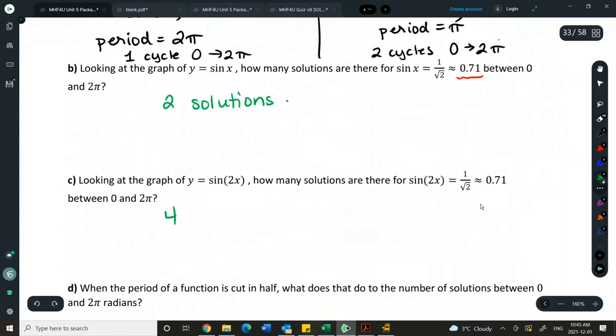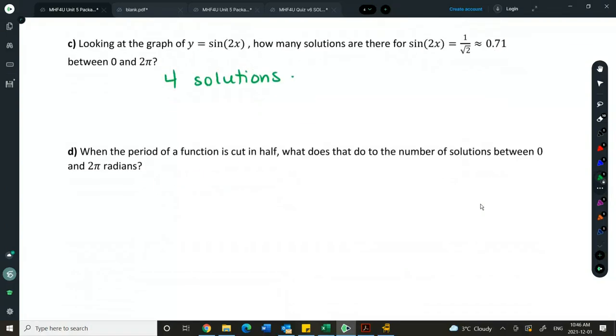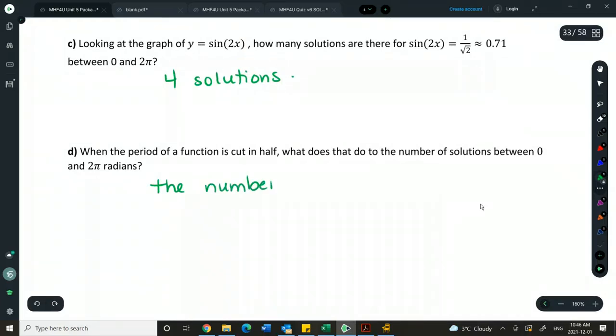So there are 4 solutions. When the period of the function is cut in half, the number of solutions doubles, because now I have 2 times the amount of cycles in there. So the number of solutions doubles.